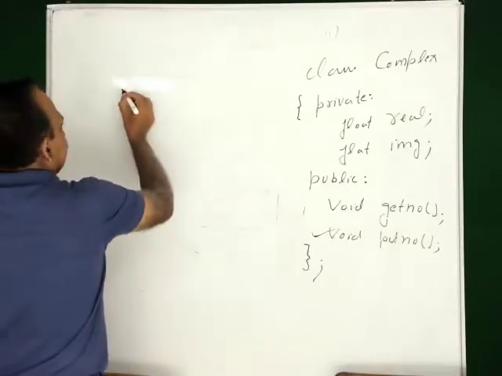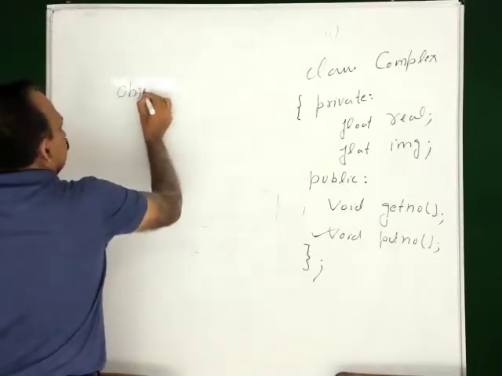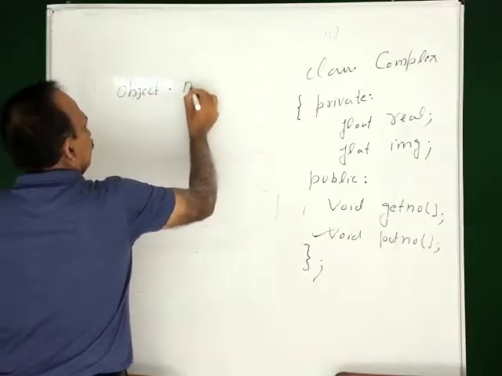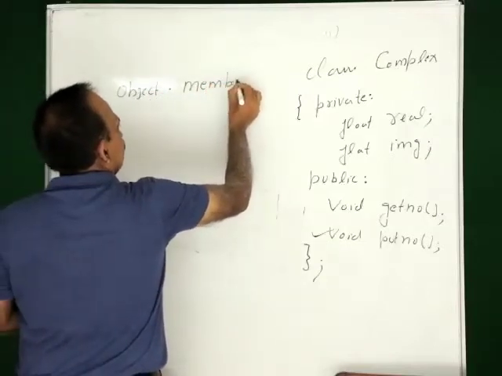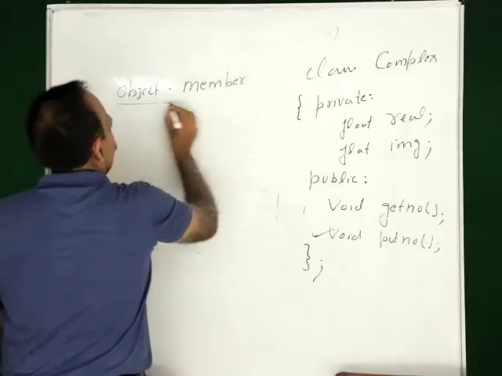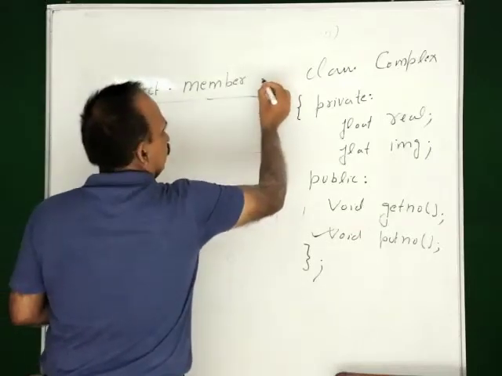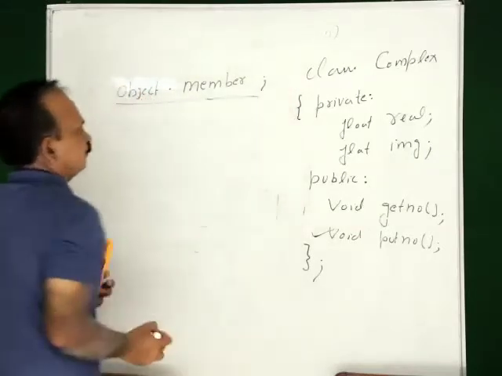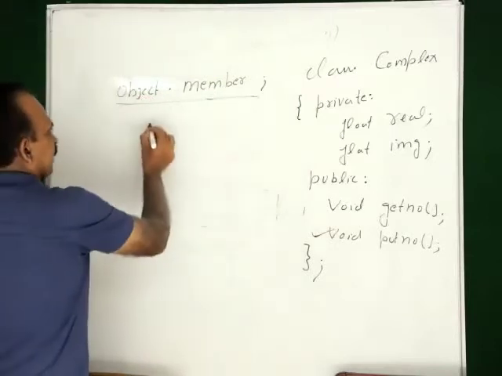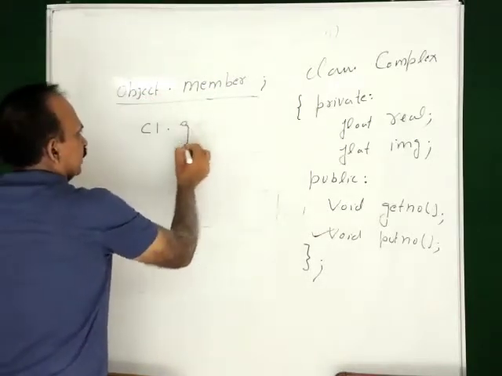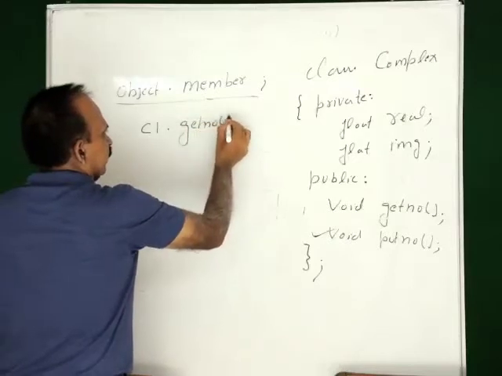The syntax is the object name, dot, and then the member function name. This is how the member of the class is accessed. For example, say I say C1 dot get number. Now, what does this mean?